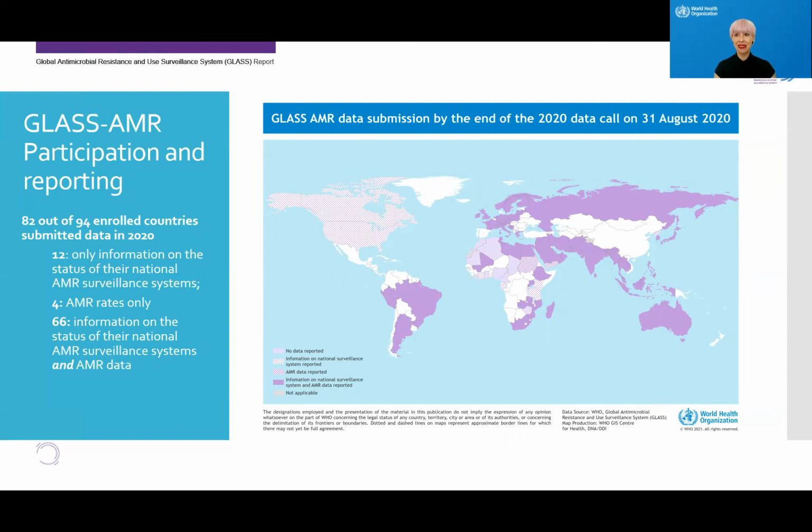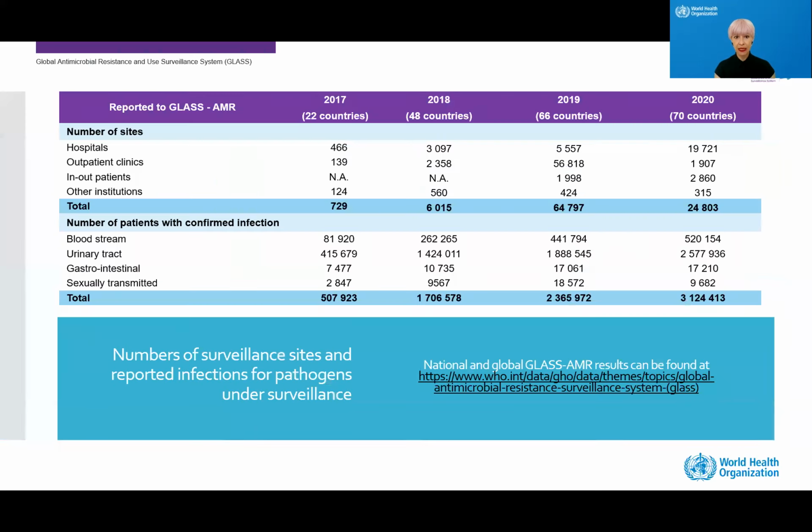So in total, we had 70 countries reporting AMR rates. And you can see here the GLASS development through the GLASS 4 data calls in terms of number of surveillance sites that were reporting to GLASS, and number of patients with confirmed infection for which we received results.